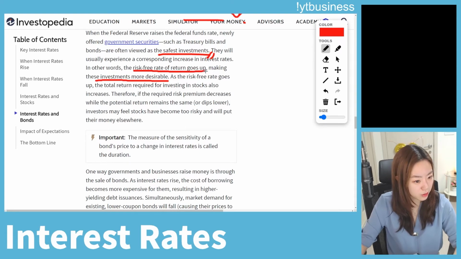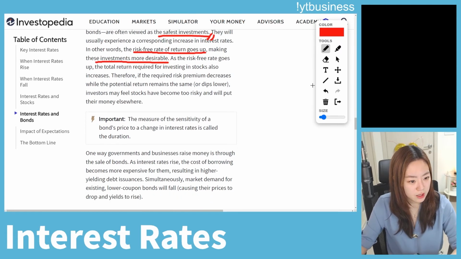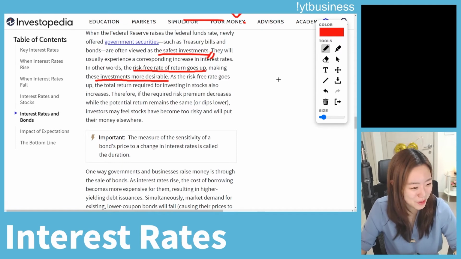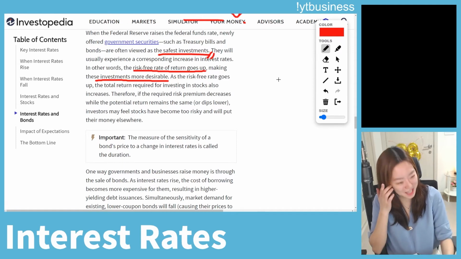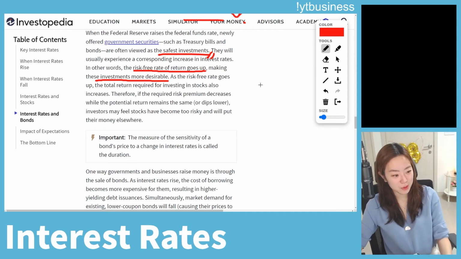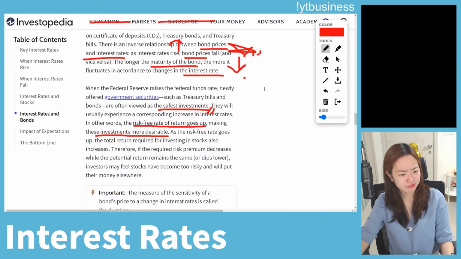Risk-free rate of return. Ooh. As the risk-free rate goes up, the total return required for investing in stock also increases. Therefore, if the required risk premium decreases while the potential return remains the same, investors may feel stocks have become too risky and will put their money elsewhere.